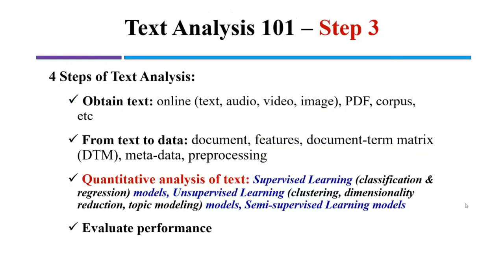After I have those tokens, this token data is also a matrix, available for me, and now I can apply all the statistical methods. So here are the different types of quantitative methods you can use, okay?